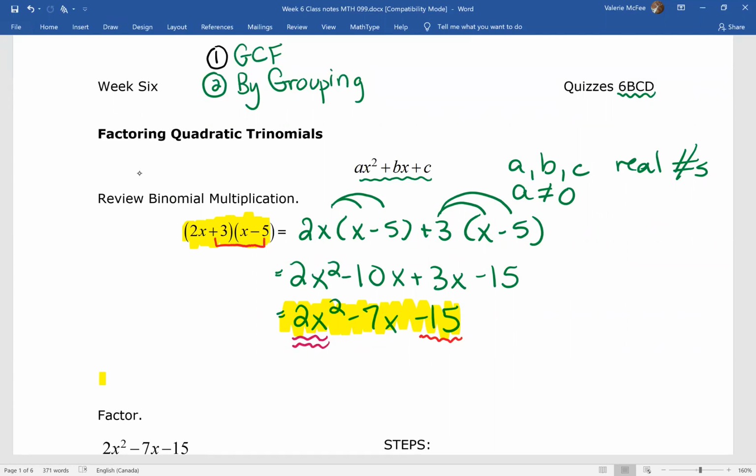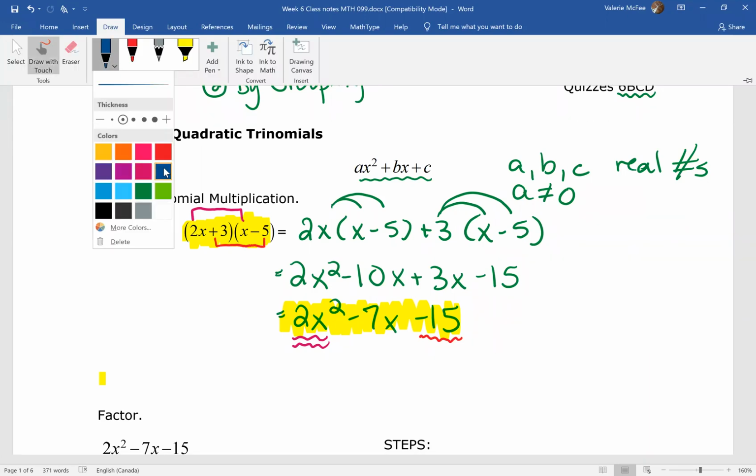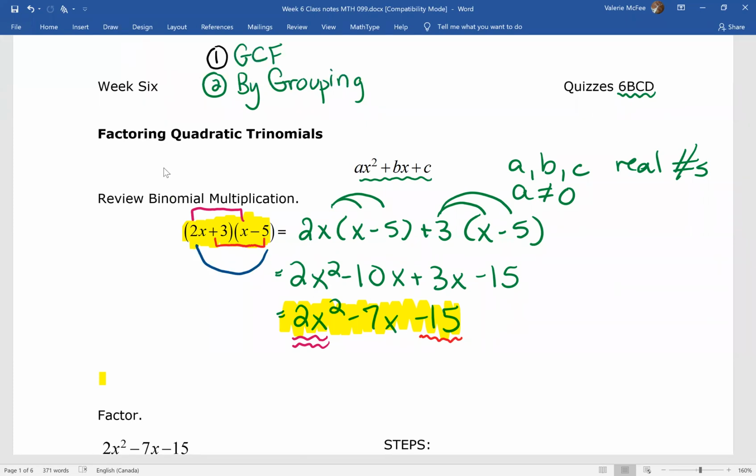We got this 2x squared by multiplying the first terms here, 2x times x. The middle term came from multiplying the outside and the inside. When we multiplied negative 5 times 2x, that gave us negative 10x. When we multiplied the 3 times x, it gave us the plus 3x.